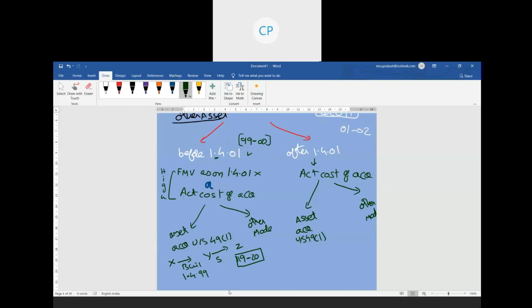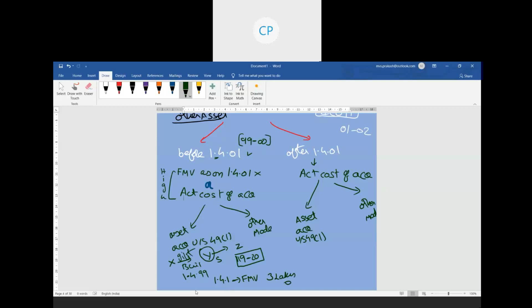Say suppose I can take the fair market value on 1st April 2001. Let me take an example. Fair market value on 1st April 2001, let us assume, is 3 lakhs. This is there. But what is the actual cost of acquisition of Y? Y did not pay anything, because Y received it as a gift. So for a gift he need not pay anything. So for him the cost of acquisition is 0.